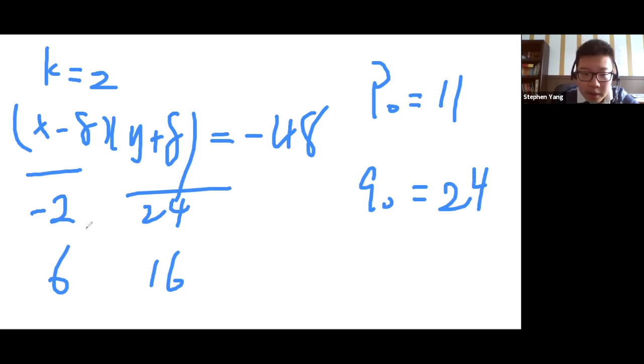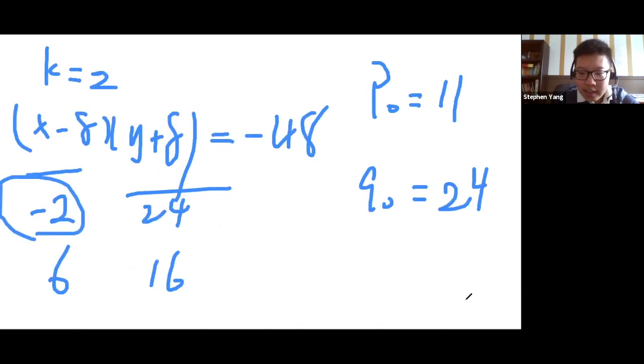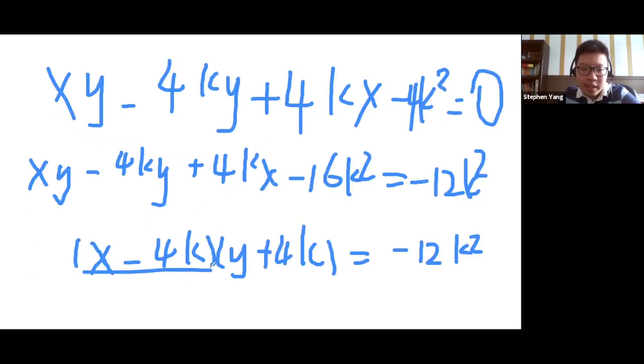Now, look at these negative 2. What I noticed is that if this term is equal to negative 2, and this term is equal to 6K squared, this is likely going to satisfy.